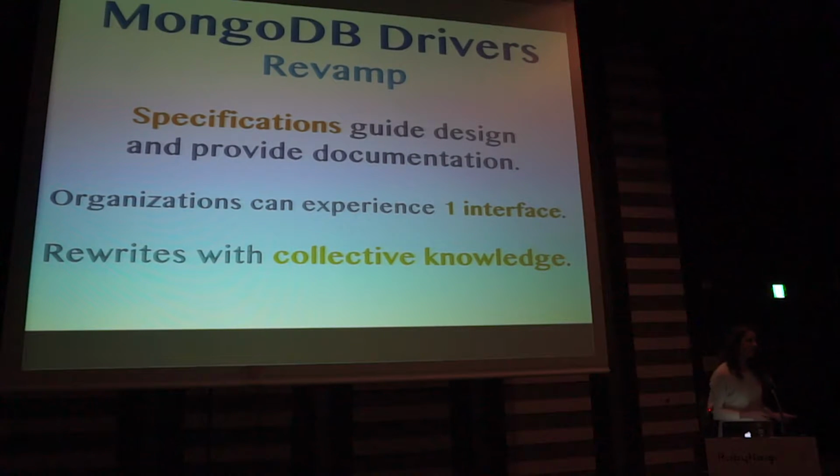Although we're writing languages that are very different from each other, Java, C#, Python, we wrote text that is clear, almost like a law document. We use specific words like must, may, and should not. We use these very specific words to write our specifications, and these specifications guided the design in either the refactor or a rewrite of each of the drivers.